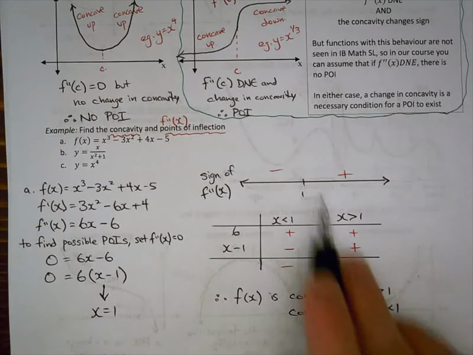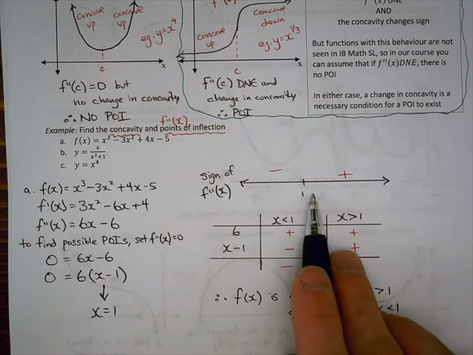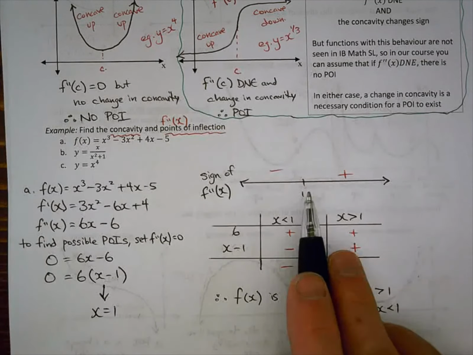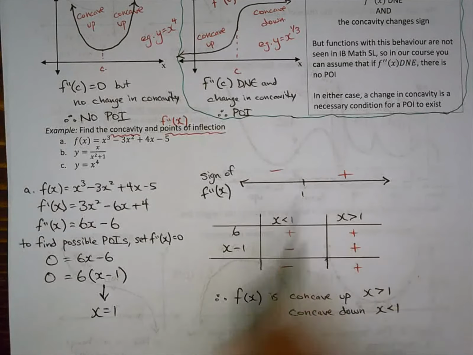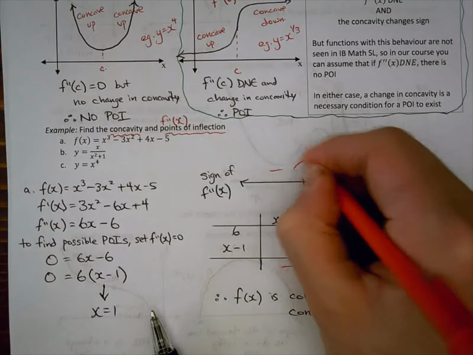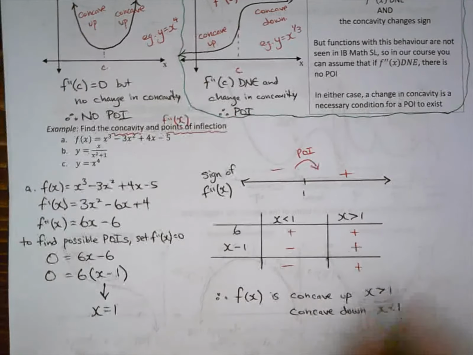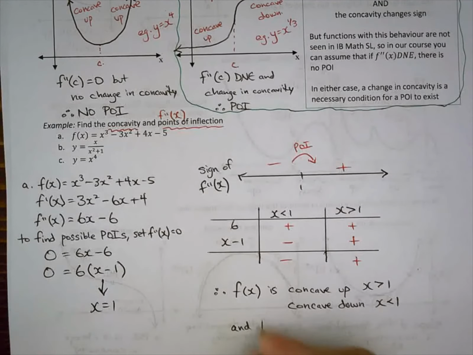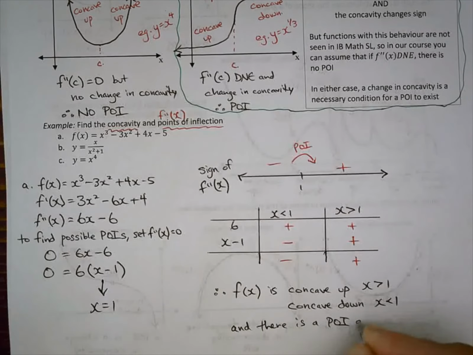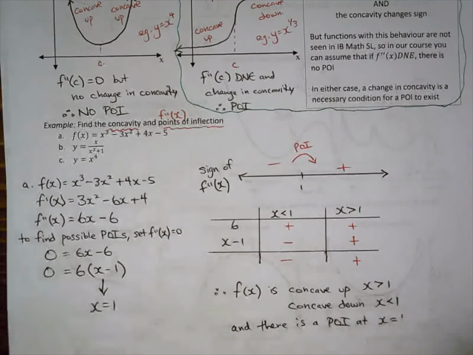Now, this point here is a point where the second derivative is 0, could be a POI, but we also have to check the change in sign. Well, because I go from negative to positive, this is a POI. So I'm going to write that as well. And there is a point of inflection at x equals 1.